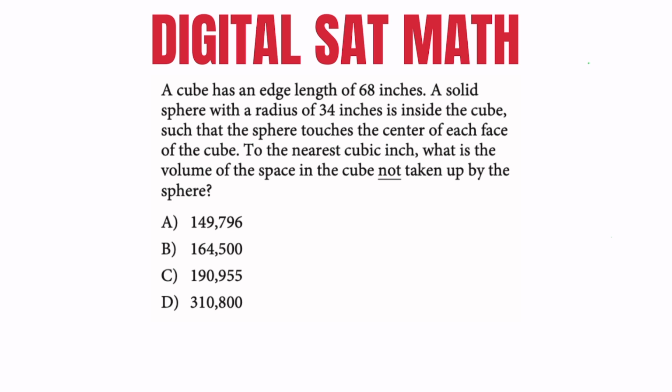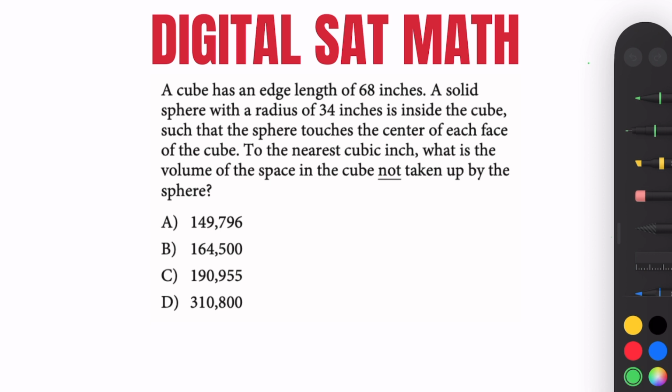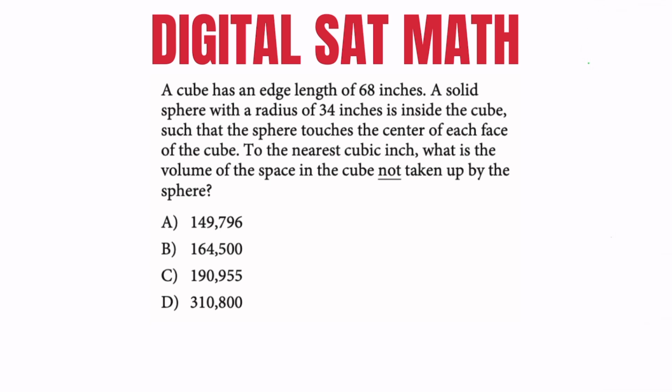So I will try to do my best to draw this, illustrate this, but I'm not great in art, but I will do my best. So let's say we have a cube.